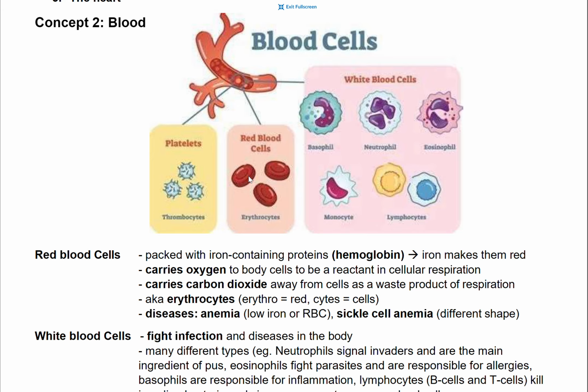Sickle cell anemia, because it makes a protein that's the wrong shape, is the shape of a sickle. A sickle is basically moon-shaped, right? A sickle is like a big fancy knife, a cutting device that is moon-shaped. So sickle cell anemia means that these cells are shaped like sickles or moons. And then they don't carry oxygen as well, and they can also get stuck in your bloodstream and cause tears and stuff like that.